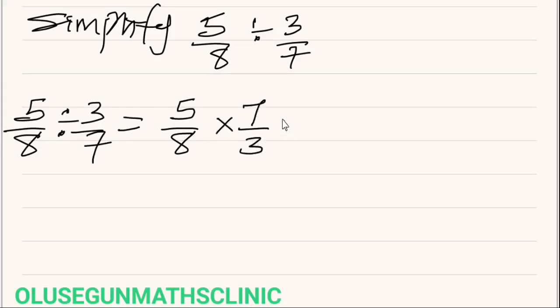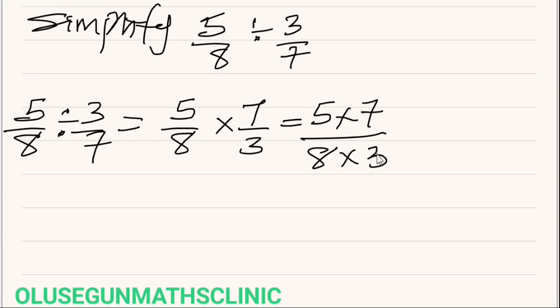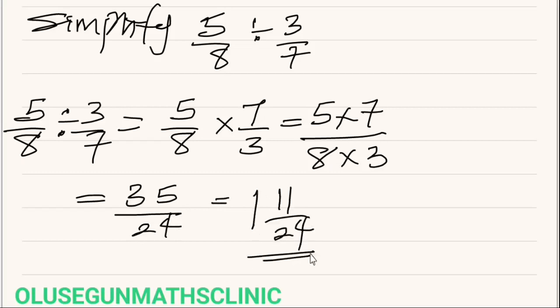So therefore we have 5 times 7 over 8 times 3, which is 35 over 24. So 35 over 24 will give you one whole number 11 over 24. So this is just how it will be.